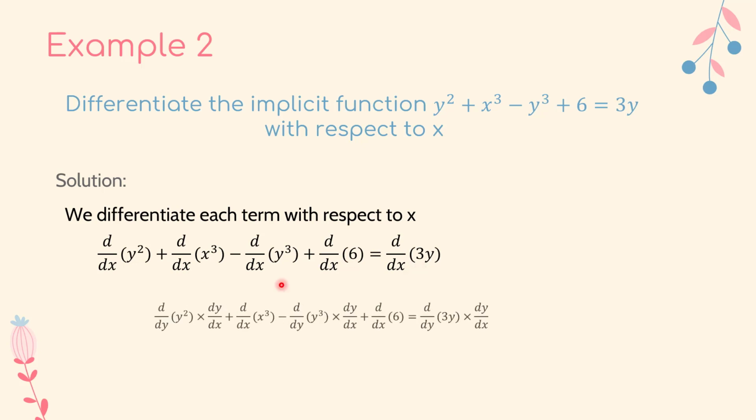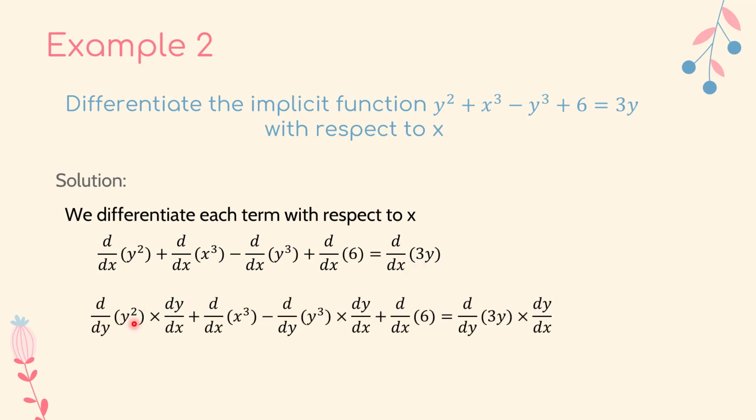Since y is a function of x, we will differentiate with respect to y and continue with dy/dx. And also here, all the functions of y will be continued with dy/dx.